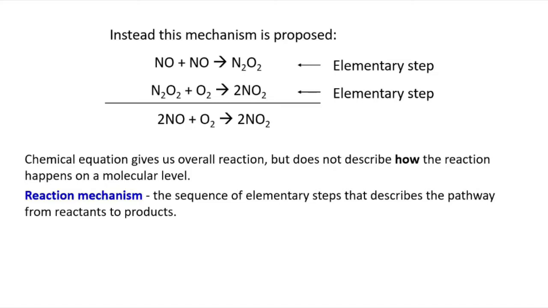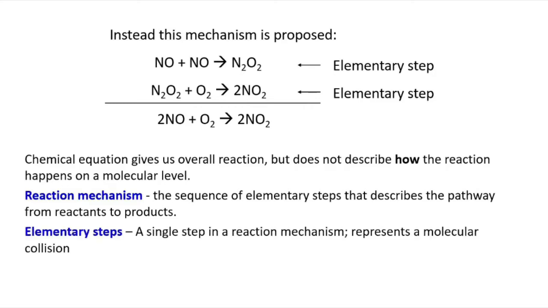A reaction mechanism is a sequence of elementary steps, of individual reactions, that do describe the pathway from reactants to products. So the reactants are the starting point, the products are the destination, and then the mechanism is what shows us the pathway in between those two stops.